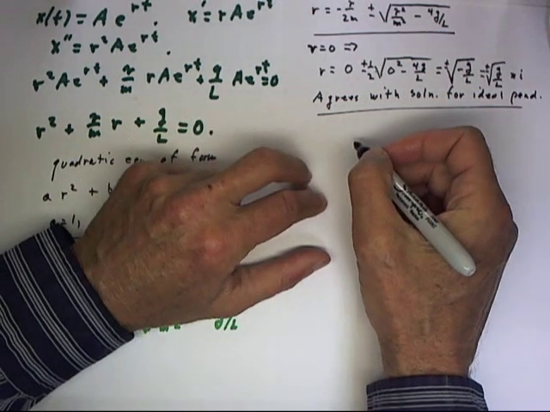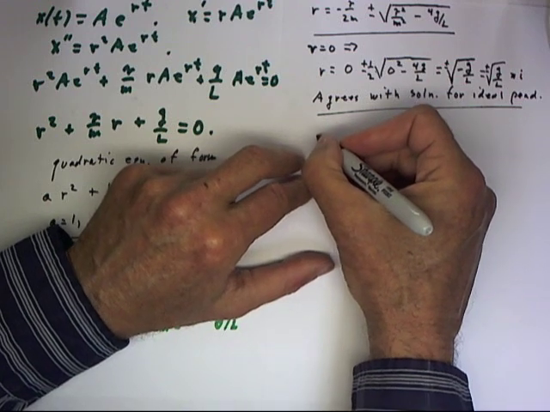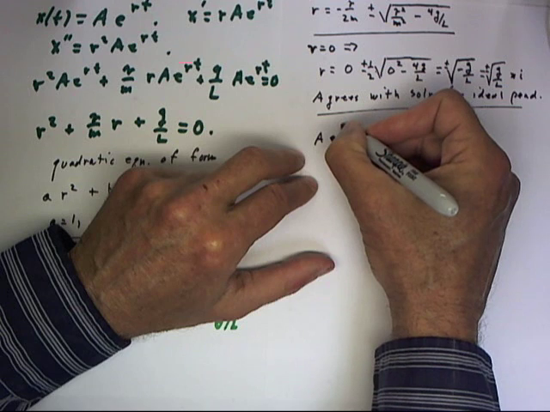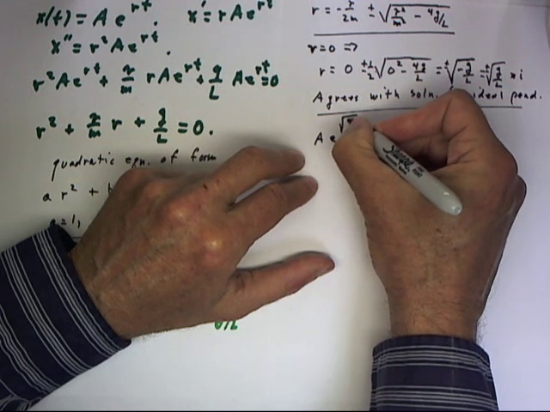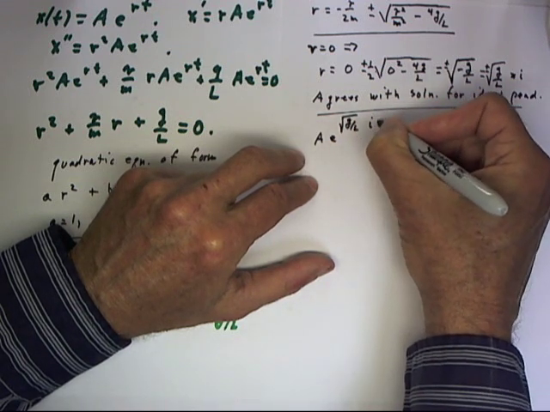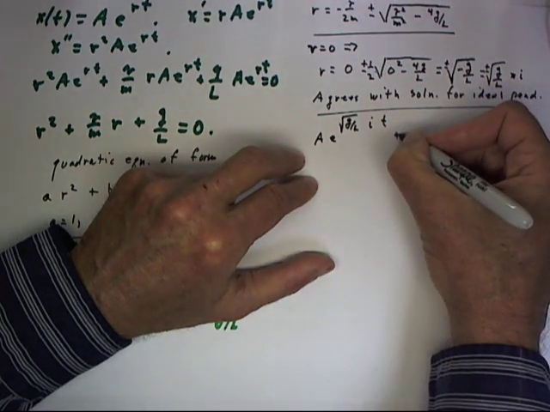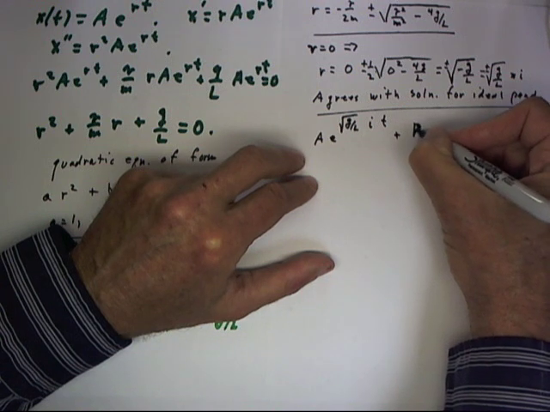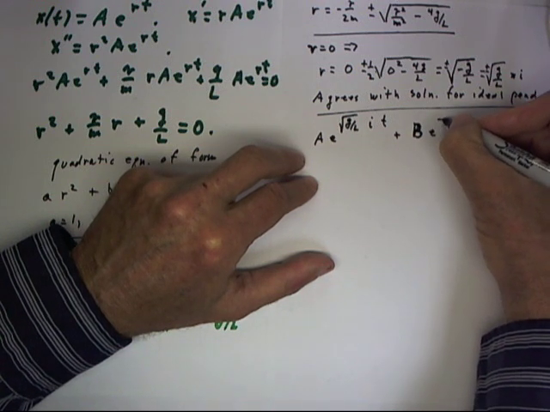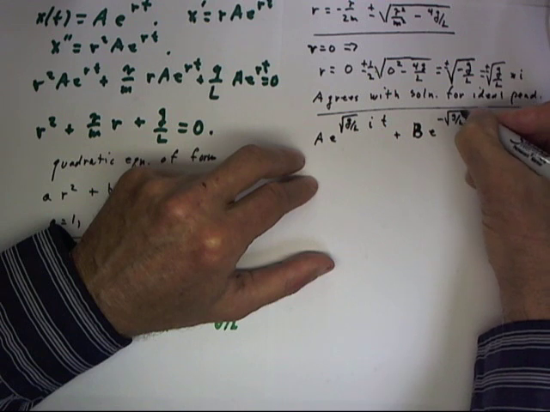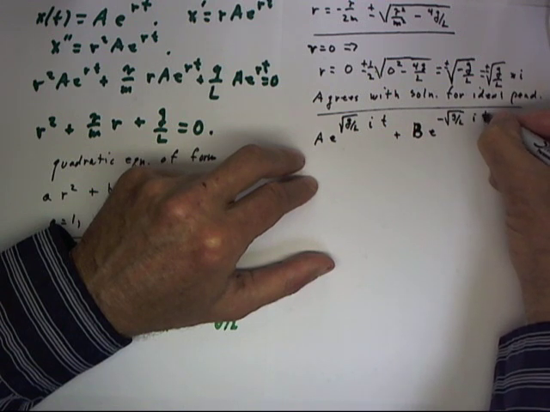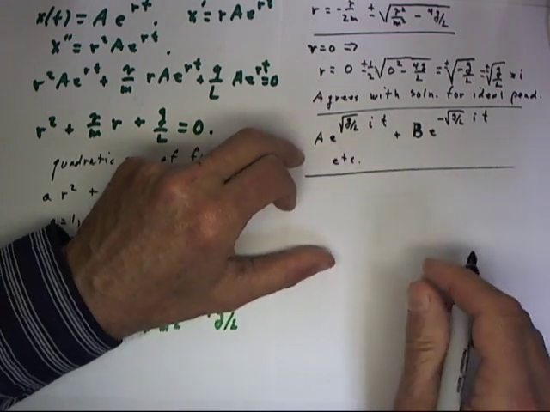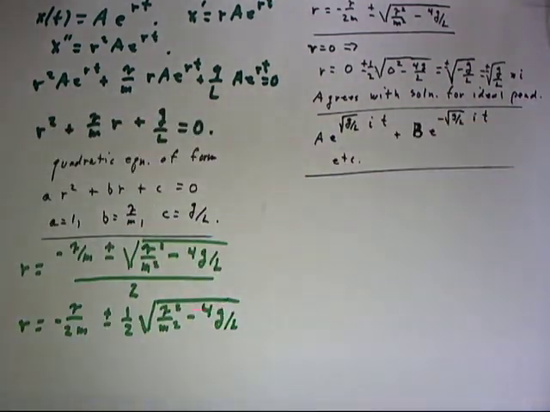Just to make sure we see the connection, our solutions are going to be a e to the square root of g over L i t plus, well, let's say b e to the negative square root of g over L i t. I'm just going to put an etc. down there. You can review how that works out.